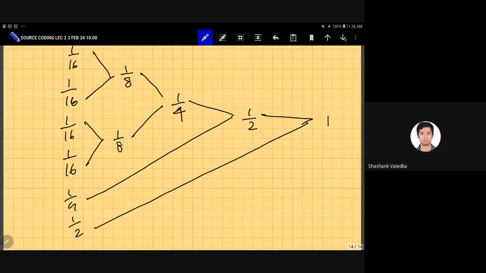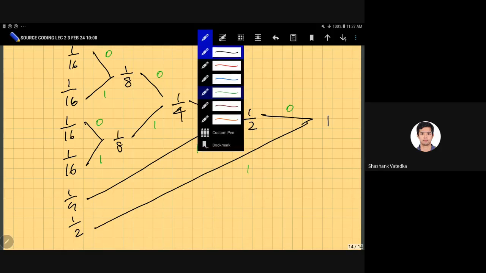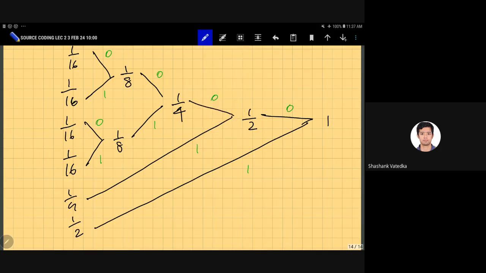Right? And then I can assign code words, label these 0, 1, 0, 1, 0, 1, 0, 1, 0, 1. So the code words are going to be 1, 0, 1. I always go this way. 0, 0, 1, 1.